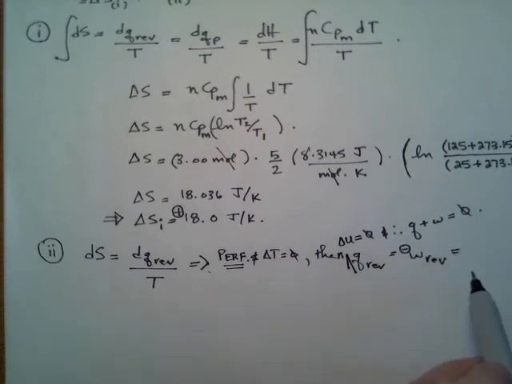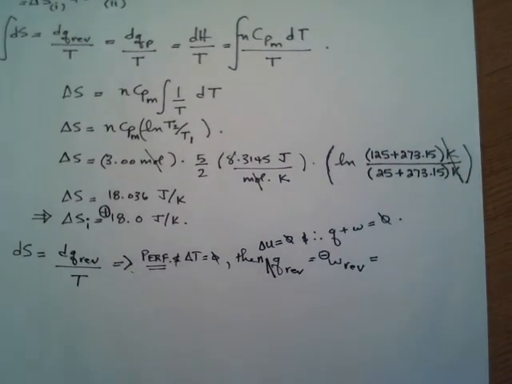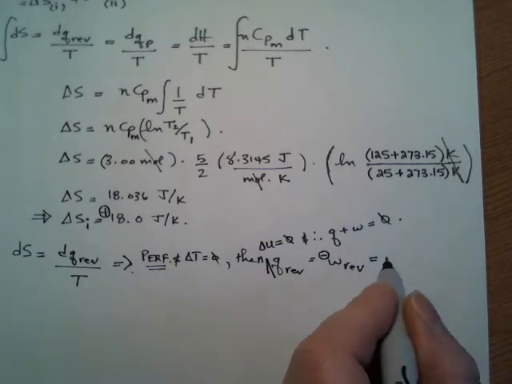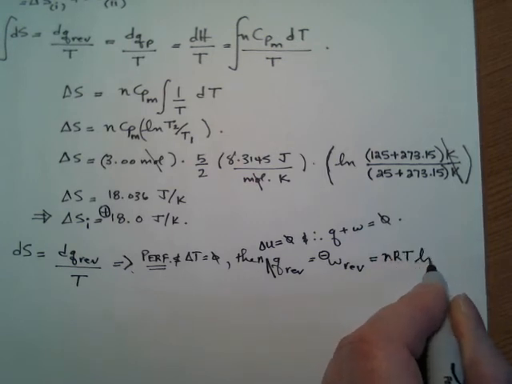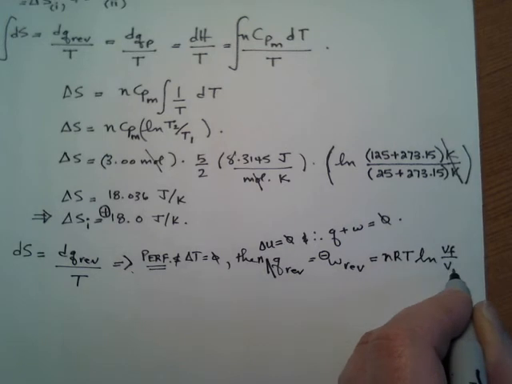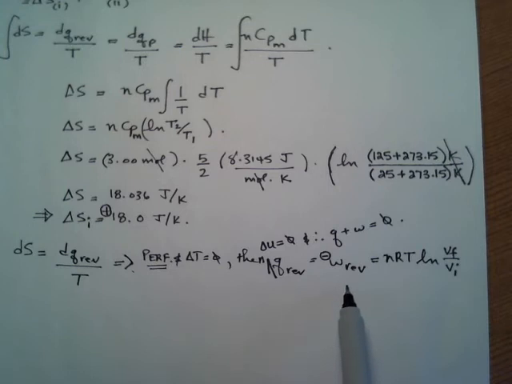And I know that work, the normal formula for work is minus nRT ln V final over V initial. And so the negative work is actually going to be the positive nRT ln V final over V initial. Got that? Okay. So work is minus nRT ln V final over V initial, but in this case I'm looking for the negative value of the work because I'm actually looking for Q reversible.